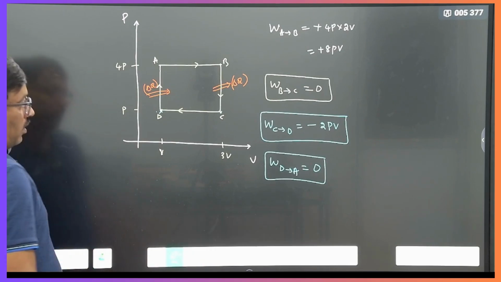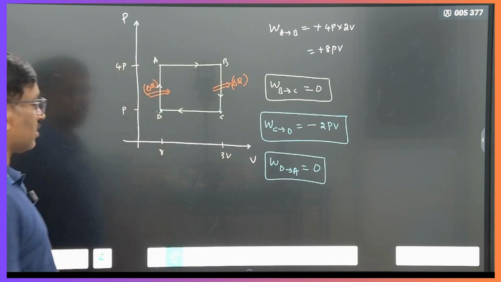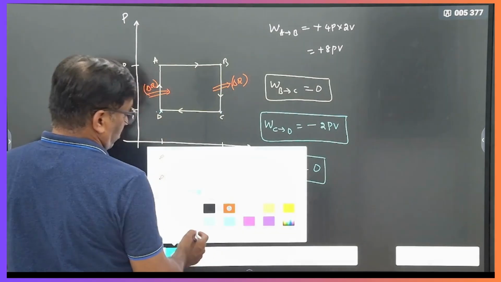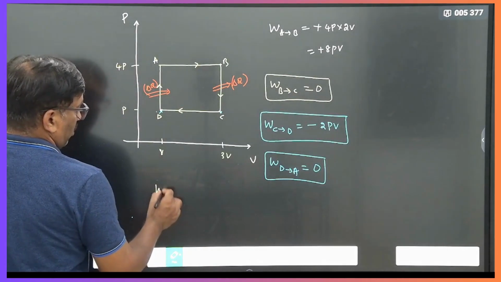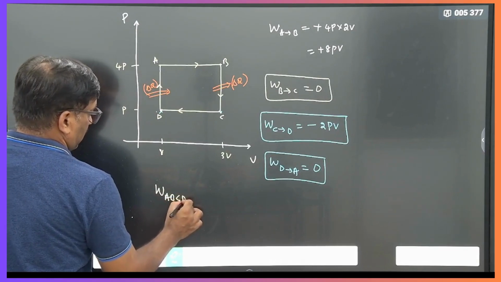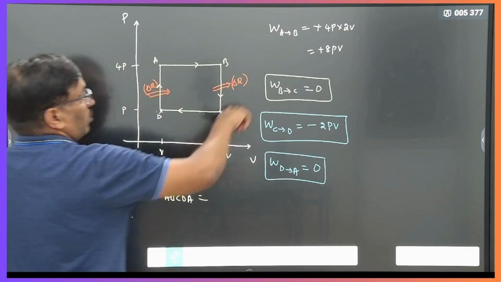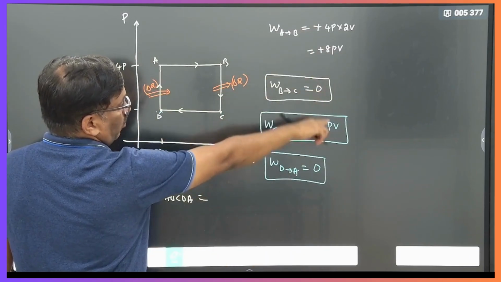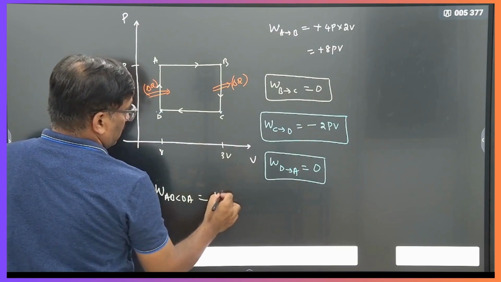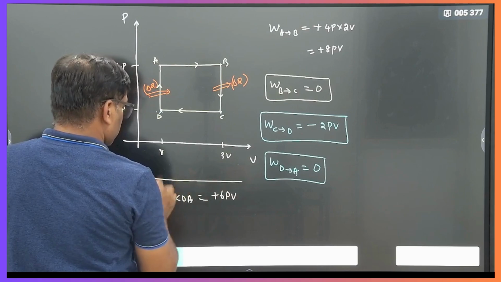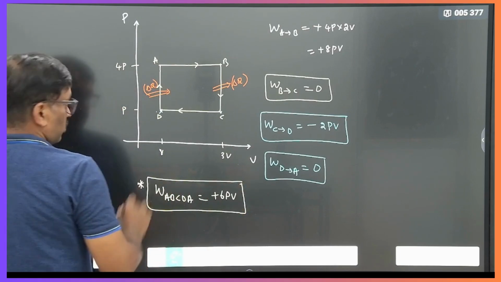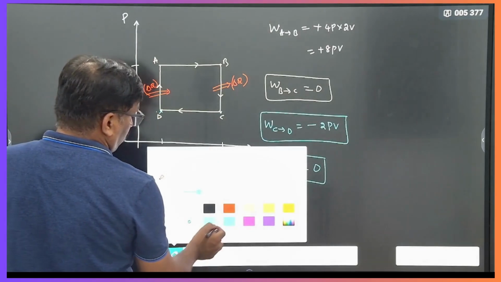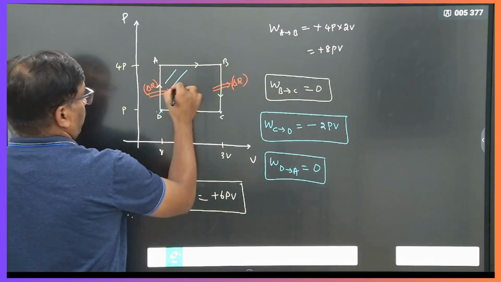Clear? So now we want to calculate the work done for the complete cycle. For the complete full cycle, work done from A, B, C, D to A. So total of this, you need to add up all of this. What can you write? Plus 8PV, 0, minus this one, so plus 6PV will be this. So try to calculate the area under this loop.